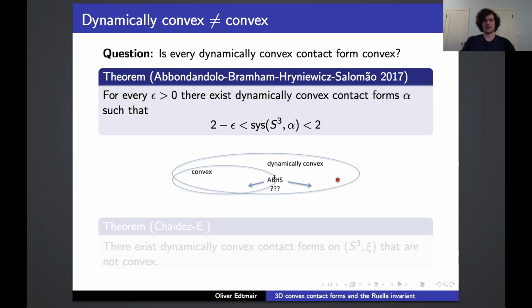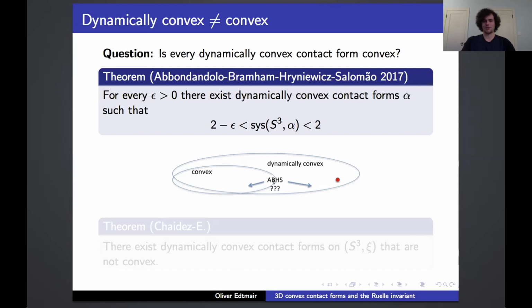Either this contact form is in fact convex. In that case, it would be a counterexample to Viterbo's conjecture, which says that the systolic ratio has to be less than or equal to 1. Or it is the first example of a dynamically convex contact form that is not convex. But the annoying thing is we don't know which of the two options is true.